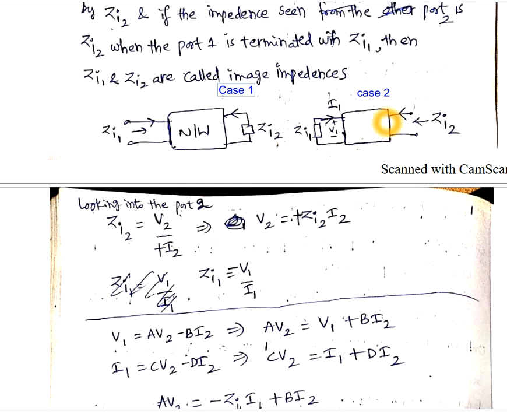But for the same case 2, Zi1 is equal to minus V1 by I1. Why is this minus? Because Zi1 is an impedance and a passive element, and for a passive element the convention is that current is entering. But here I1 is leaving the Zi1, so it should be opposite. That's why we wrote Zi1 is equal to minus V1 by I1. This is a very important point here.